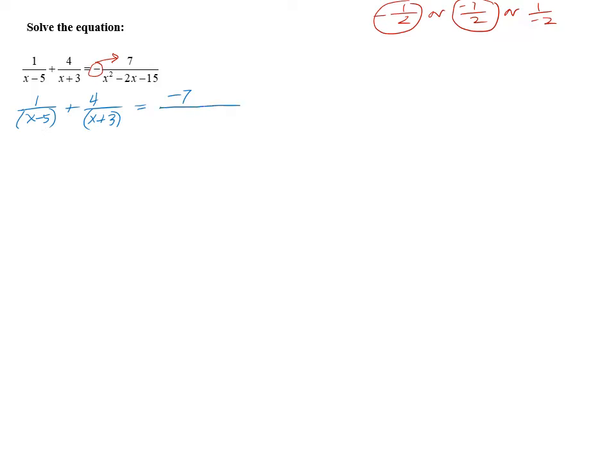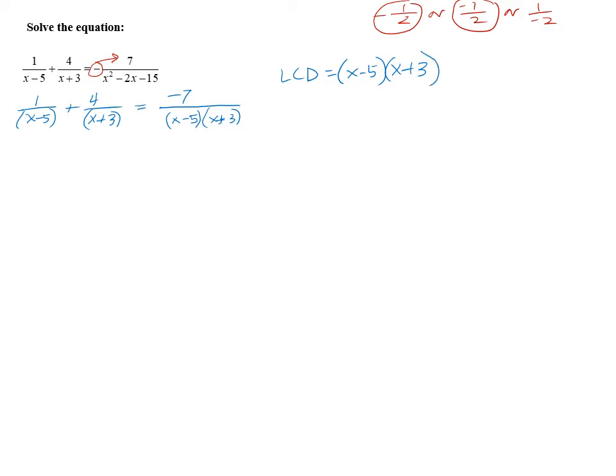When I factor x squared minus 2x minus 15, negative 15 will factor into negative 5 and positive 3, which does make that negative 2x in the middle, so it will factor to x minus 5 times x plus 3. And that's very convenient because those two factors are exactly the factors we had in the first two fractions. That shows us that our LCD is going to be x minus 5 times x plus 3.